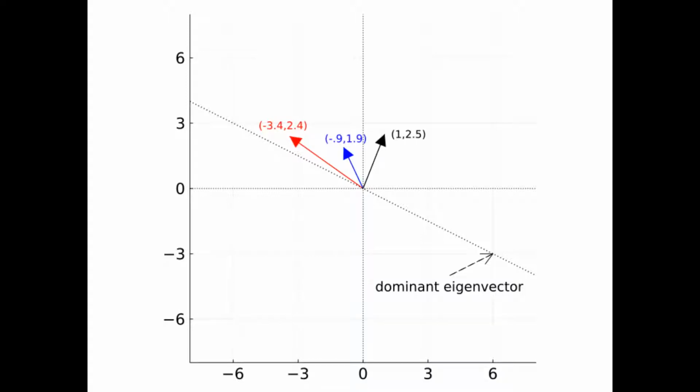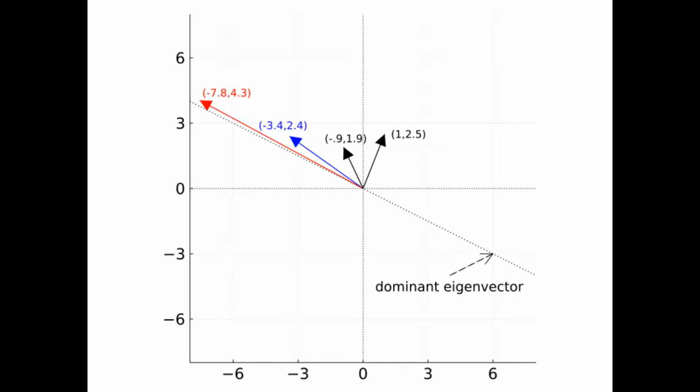Take the (-3.4, 2.4), put that back in the matrix. Boom. Yep, you guessed it. This seemingly random vector, if you keep multiplying the matrix by it, it gets pulled inexorably towards the dominant eigenvector.